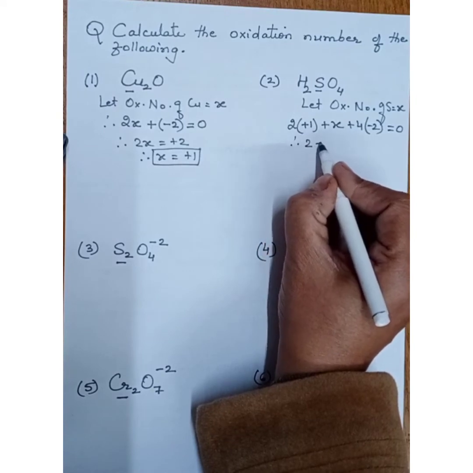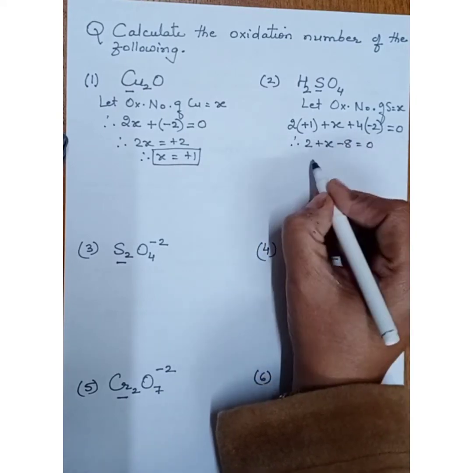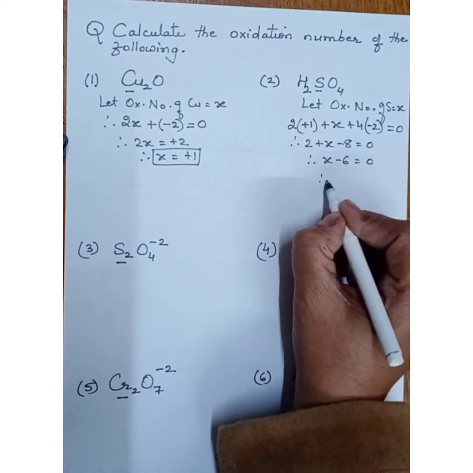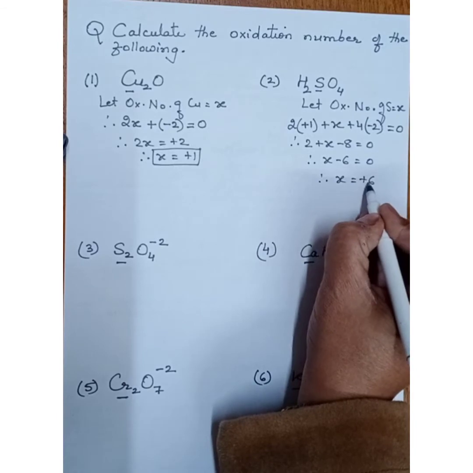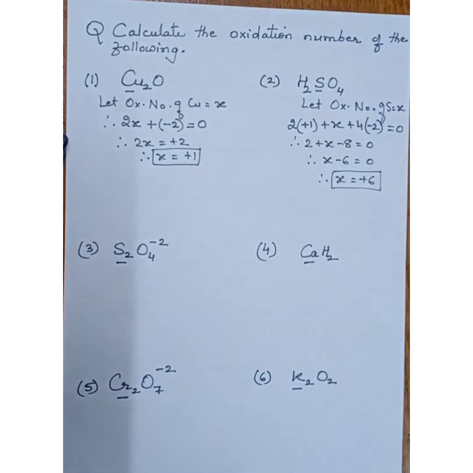Therefore 2 plus x minus 8 is equal to 0. Therefore x minus 6 is equal to 0. Therefore x is equal to +6, the oxidation number of sulfur.